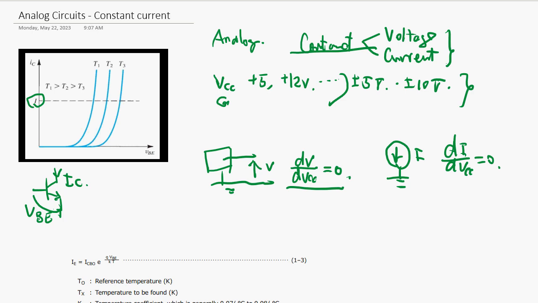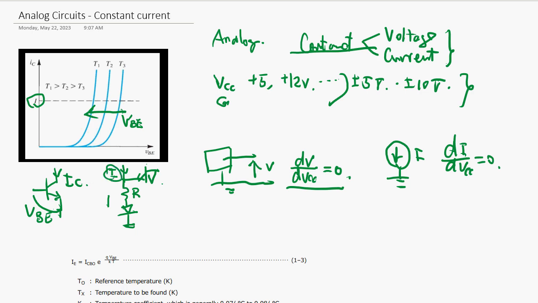When temperature goes high, VBE gets less. So if you have a circuit like this and you provide a constant voltage at the emitter, then this is a constant current.